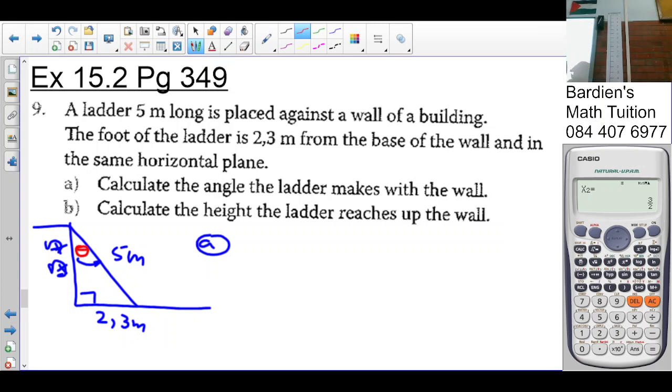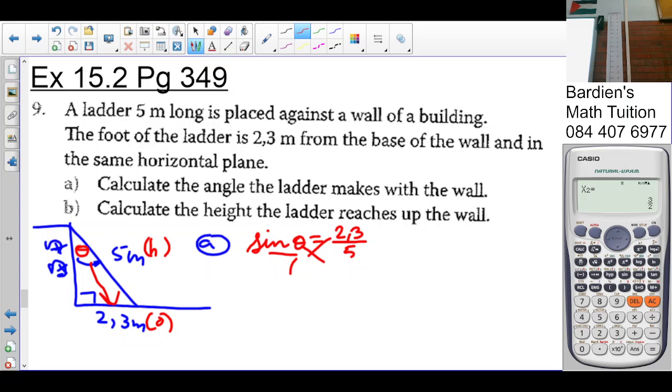Not so? So which trigonometric function uses, relative to the angle, the opposite, and this is your hypotenuse? Which trigonometric function uses opposite and hypotenuse? Sine. So we say sine theta equals opposite, which is 2.3 over 5.